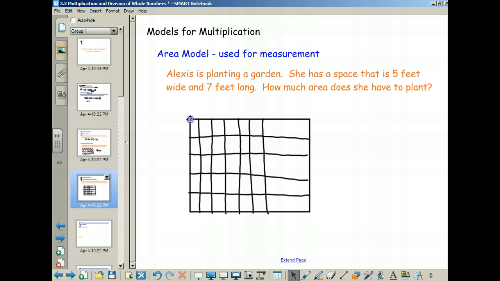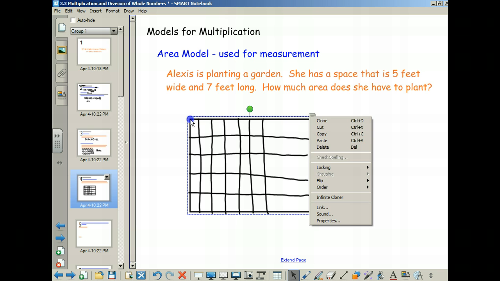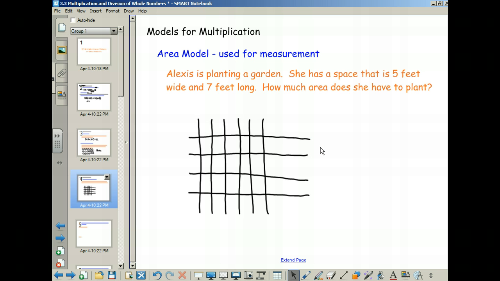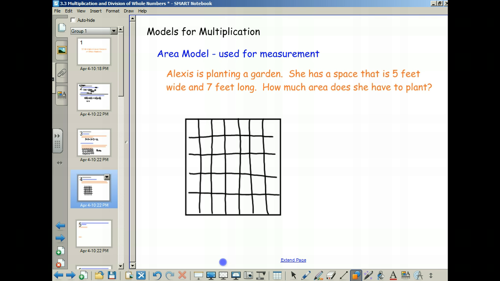I've got the picture that's not going to work. I think I can fix it. There we go. All right, so I have 5 here. And I have, I think, 7 here. And 5 times 7 is 35.